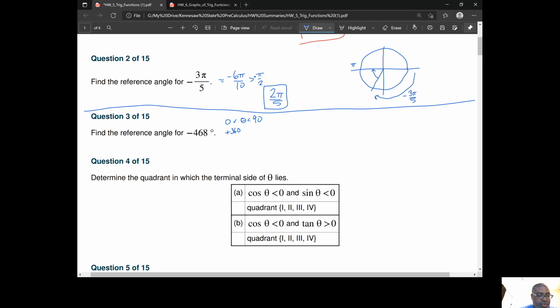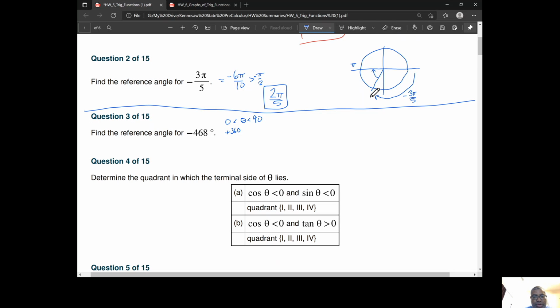That isn't it. Add 360 again. Negative 108 plus 360, and I get 252 degrees. If I look at 252 degrees, it is right around here somewhere on this circle.